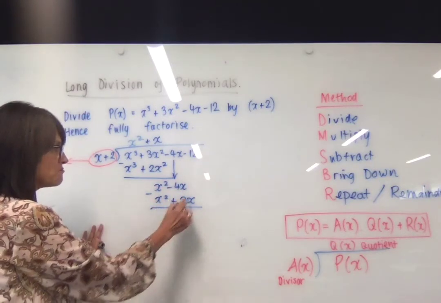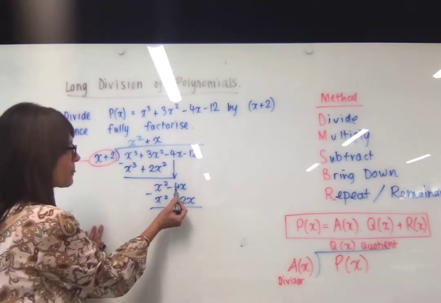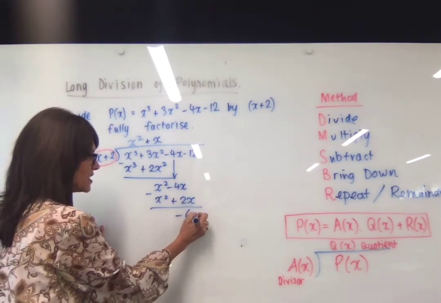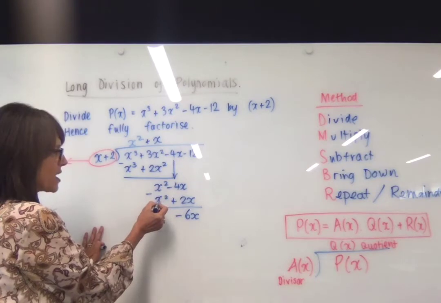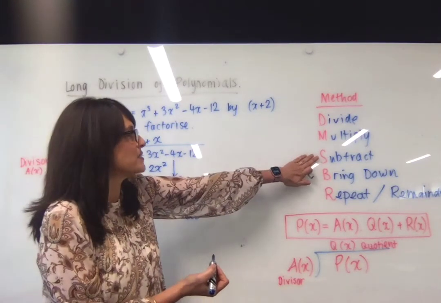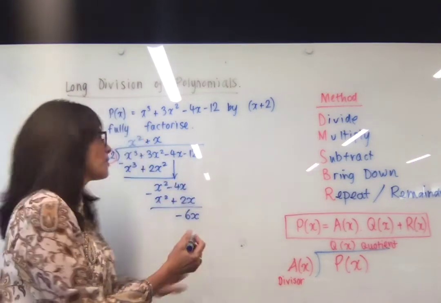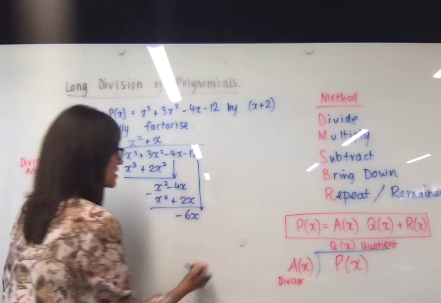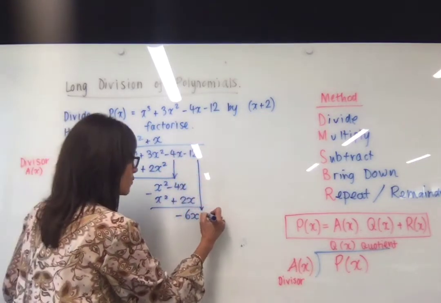These two terms minus these two terms. So negative 4x minus 2x is negative 6x, and x squared minus x squared gives us 0. So now we've subtracted. Next step is bring down. And the next term that we need to bring down is this negative 12.